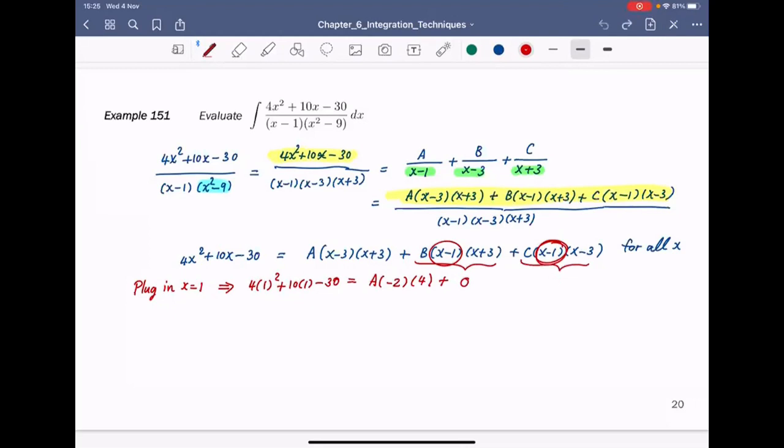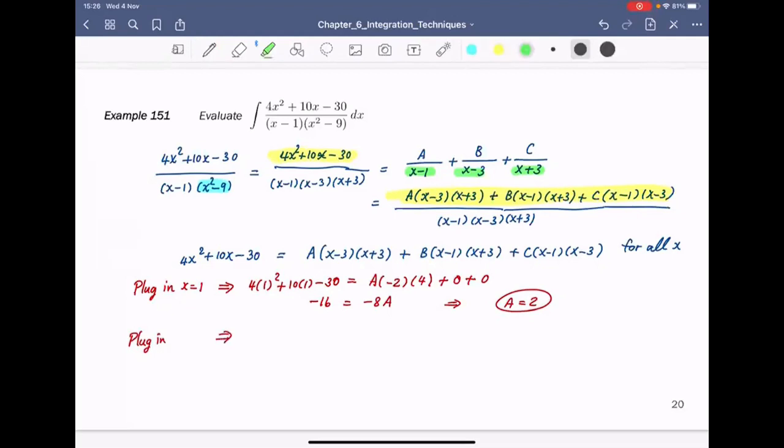So good, that makes my computation a lot easier. On the left, I have 4 plus 10 minus 30, which is negative 16, equal to negative 8 times A. So I have A equal to 2. Sounds good.